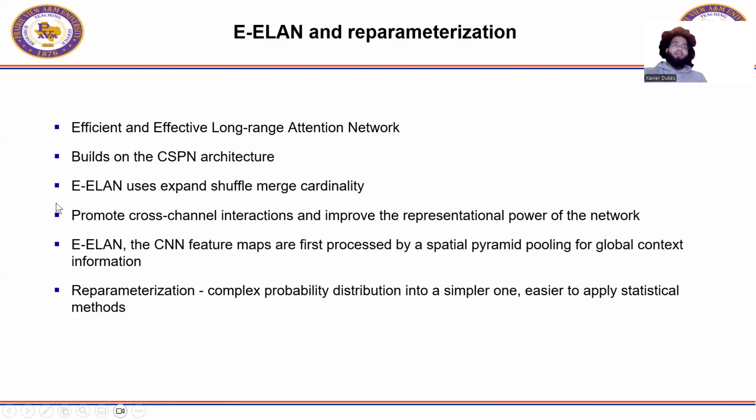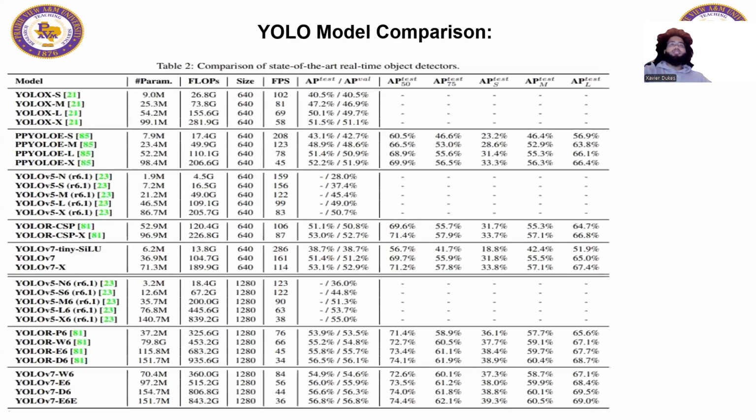In the EELAN, the CNN feature maps are first processed by spatial pyramid pooling for global context information, and then reparameterization turns a complex probability distribution into a simpler one, easy to apply statistical methods for analysis.